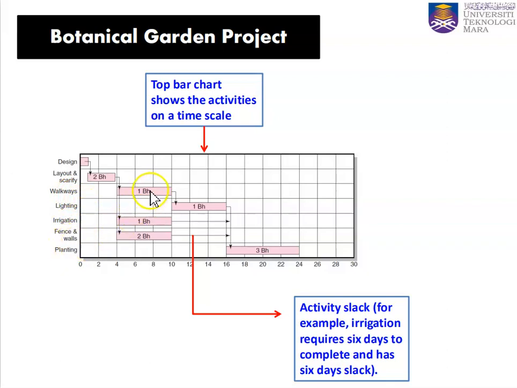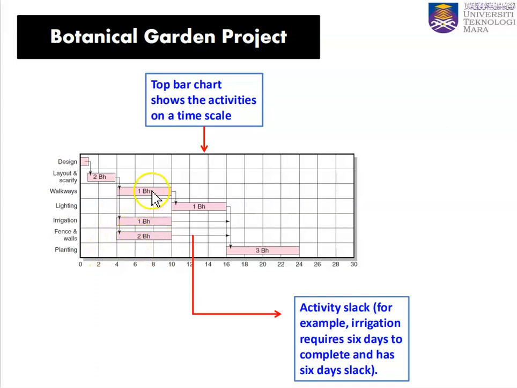These can be done concurrently, from day 4 to day 10, which is 7 days. Walkways require 1 backhoe, irrigation requires 1 backhoe, and fence and walls require 2 backhoes.